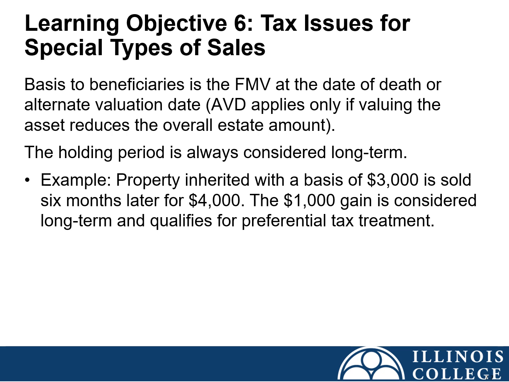If someone inherits property with a basis of $3,000, which reflects the fair market value at the date of death, and then they turn around and sell it 6 months later for $4,000, that $1,000 gain is treated as a long-term capital gain, even though they only held it for 6 months.